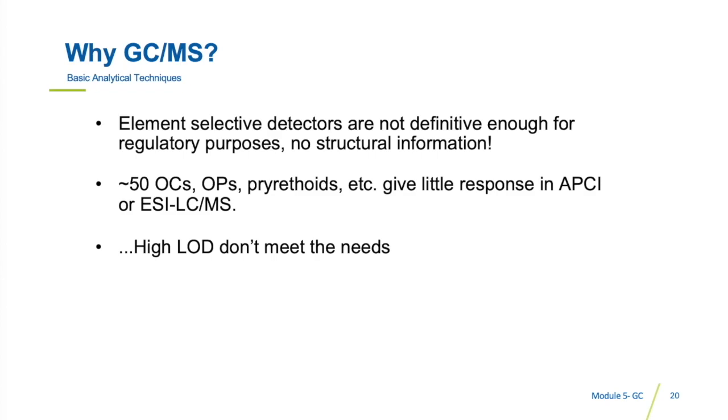Obviously, the approximately 50 pesticides that are not amenable to LC analysis could be justification enough. But some older, mostly phased out pesticides, such as organochlorides and organophosphates, still require testing because they are either still registered for use in some countries or because they are found in the environment. And these are also not doable on HPLC.